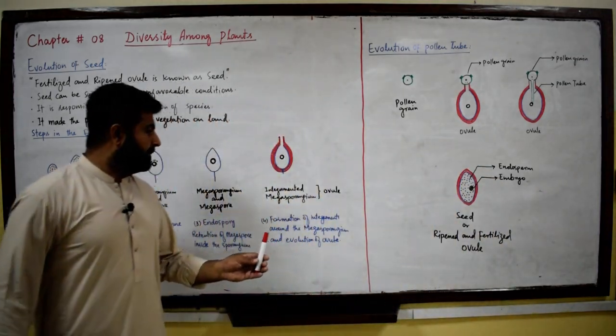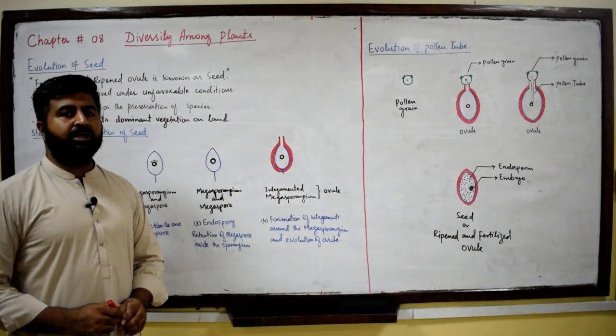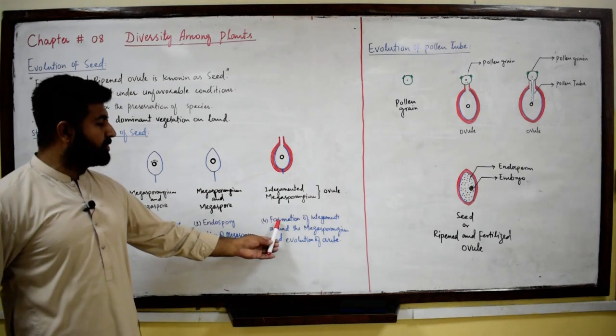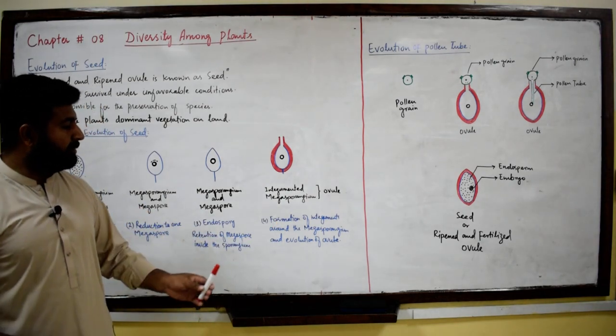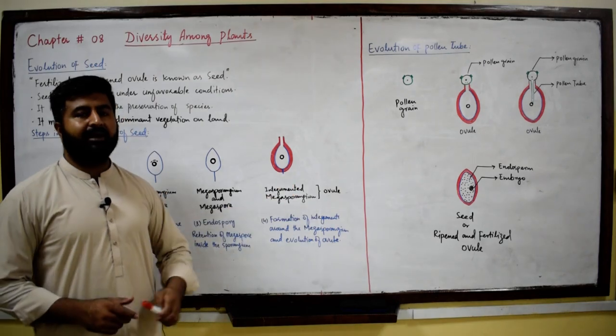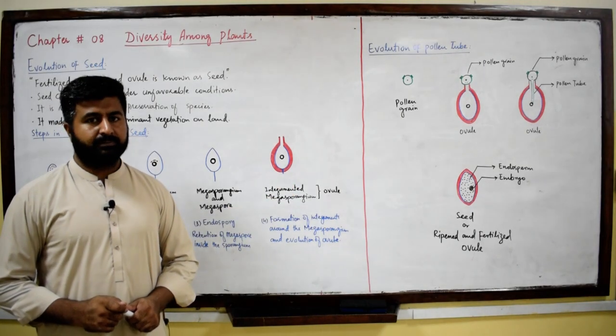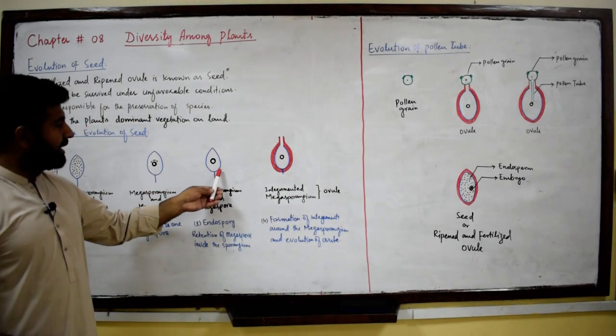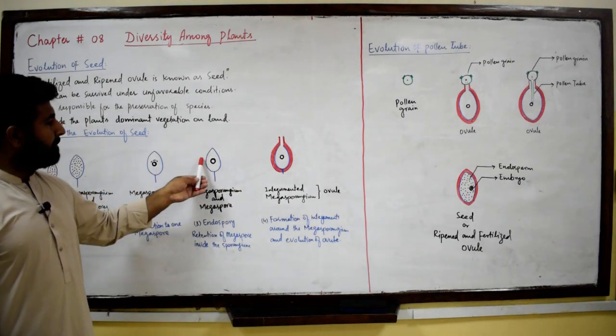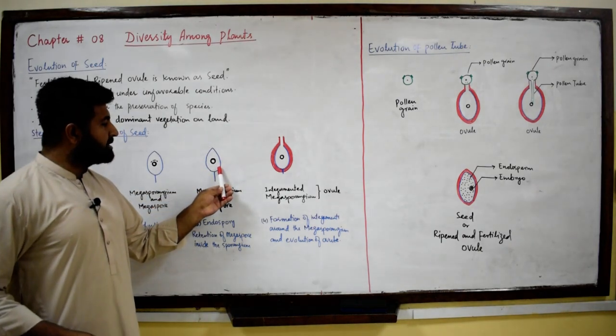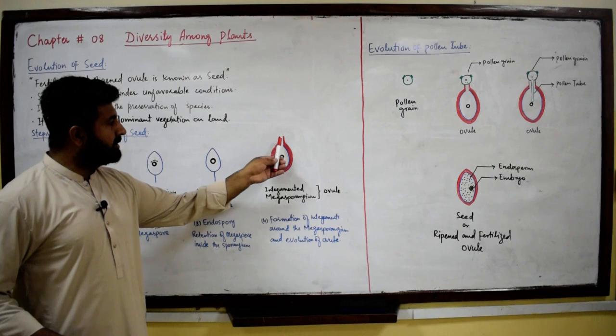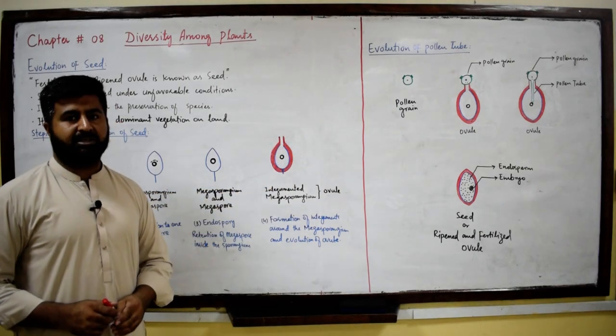The final step in the evolution of seed is the formation of integuments around the megasporangium and evolution of the ovule. If you look into the megasporangium, with the passage of time, this megasporangium is covered by leaf-like structures.